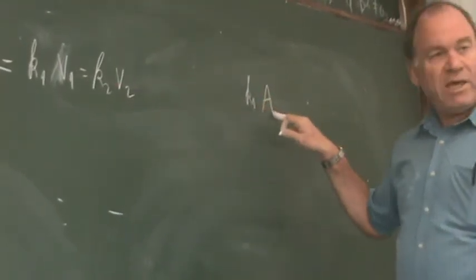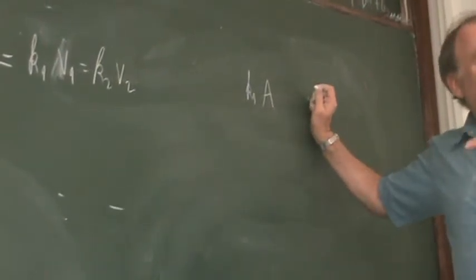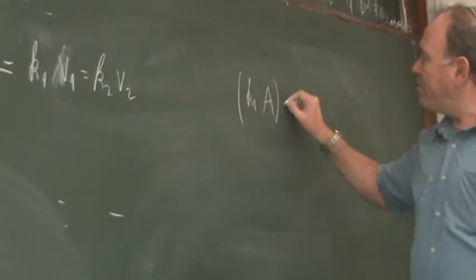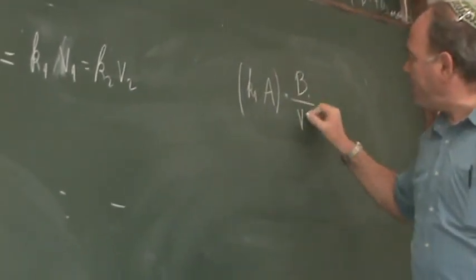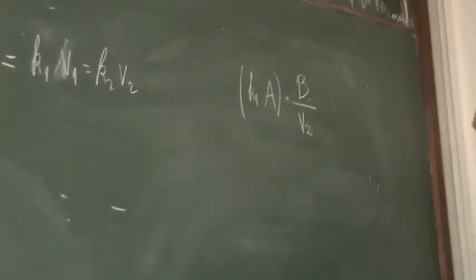K1 times A. How many of them will go to B? Out of these, I expect that the number that will fall into B will be B over V2. This is what we want to expect if it behaves like a random graph.